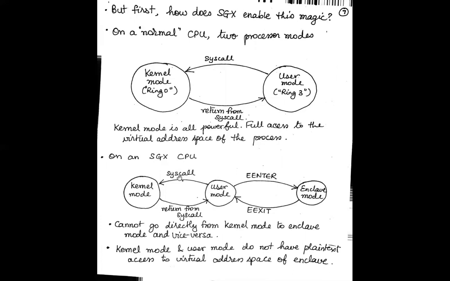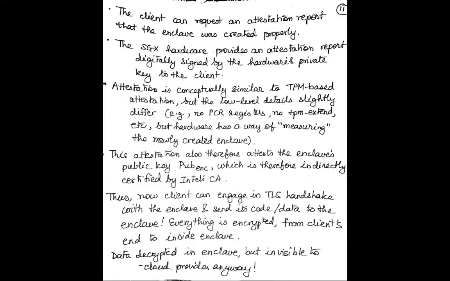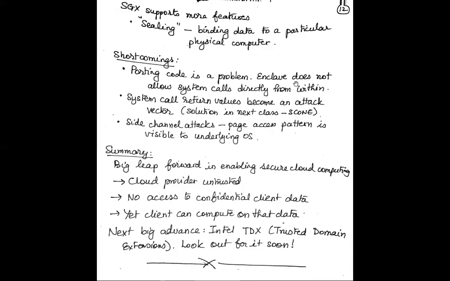So if you have to make a system call, the enclave must have a wrapper that does an EEXIT and goes to user mode. User mode performs the system call on behalf of the enclave. You get a return value from the system call and then return it back to the enclave. So porting code is a big problem. The enclave does not allow system calls to execute directly from within.